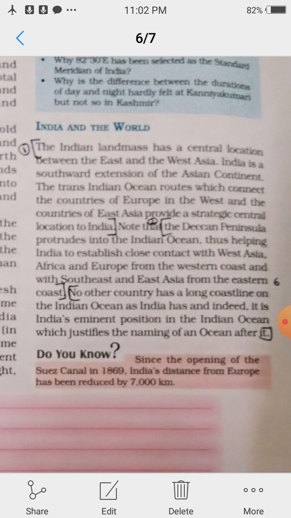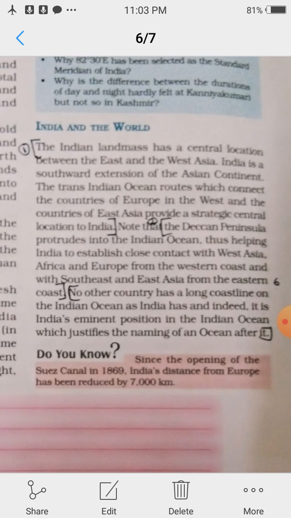What is given here? India is the southward extension of the Asian continent. The Trans-Indian Ocean routes which connect the countries of Europe in the west and the countries of East Asia provide a strategic central location to India.